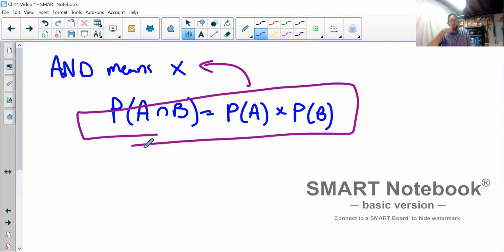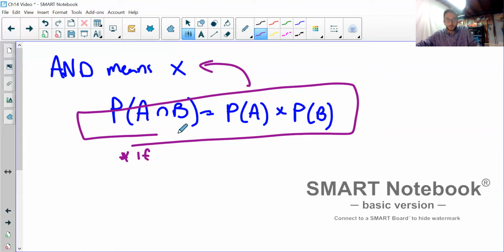Now, one thing that's super important is this is only true if our events are independent. Conversely, we're going to have to decide if two things are independent or not. We've looked at that with two-way tables, and we'll turn that into something called the independence formula.